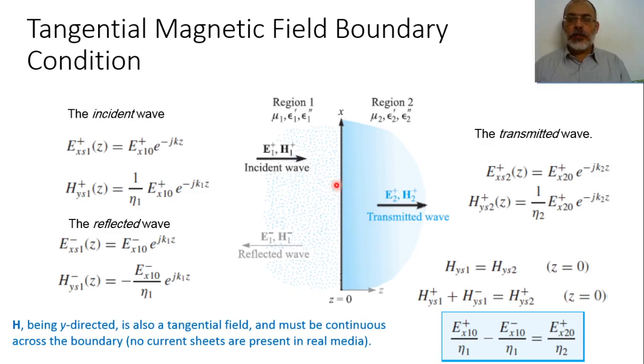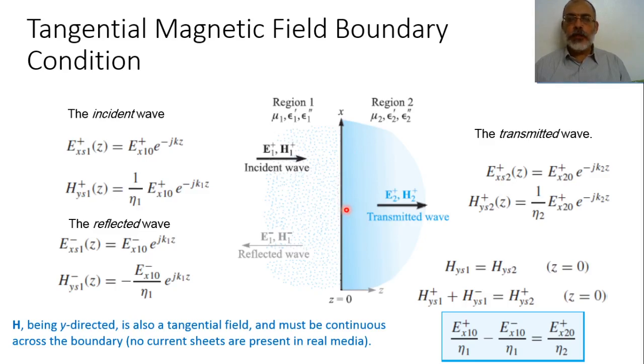And assuming that we don't have surface current at the interface, in this case the tangential magnetic field at region 1 minus the tangential magnetic field in region 2 would equal 0, or in other words, the tangential magnetic field in region 1 would equal the tangential magnetic field at region 2.